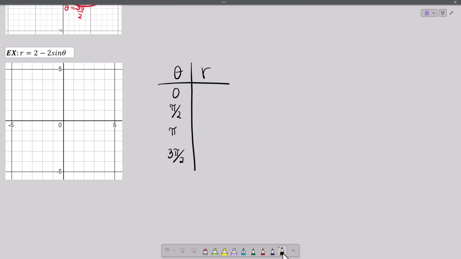And notice that since they both have the same magnitude, the sine right here will let you know if it's going to be on the top or bottom, and cosine is going to be for left and right.